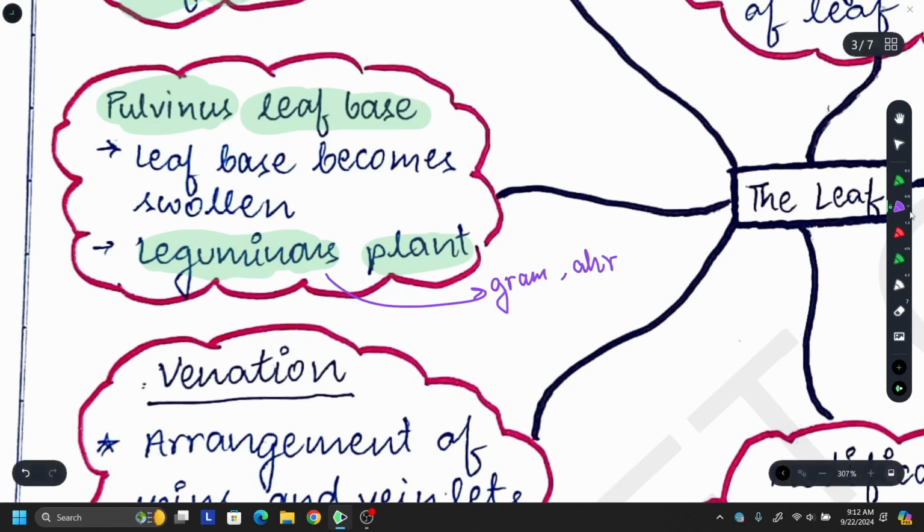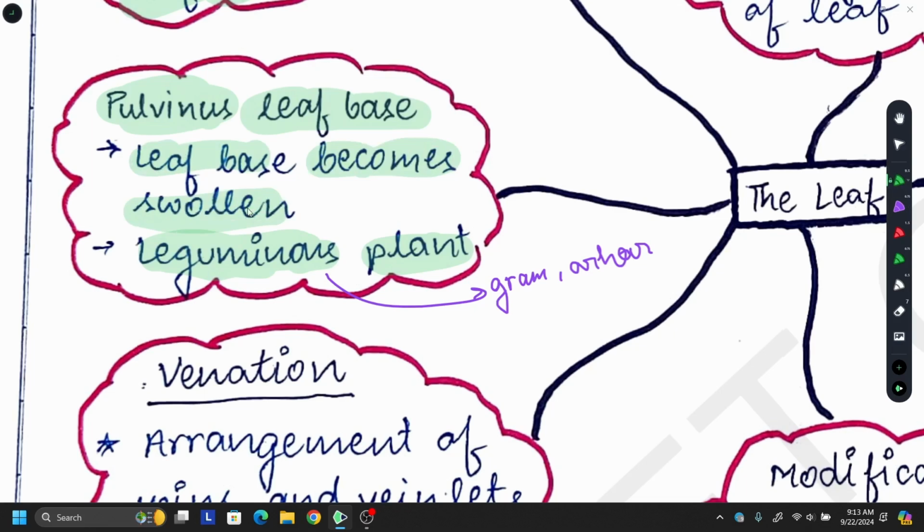All types of pulses basically come in leguminous plants. In leguminous plants, you see that the leaf base becomes swollen, and this swollen leaf base is called pulvinous leaf base. So pulvinous leaf base is seen in the leguminous plants.